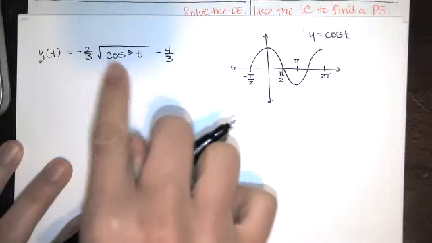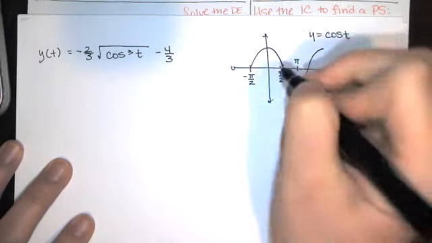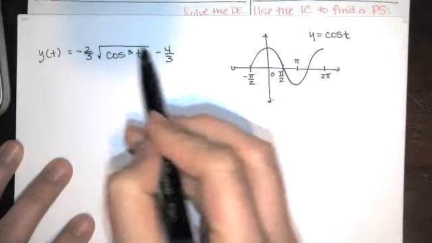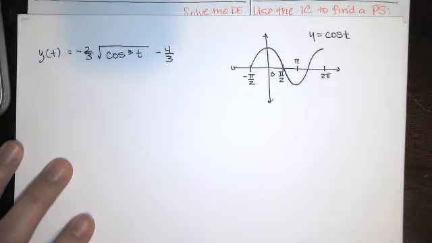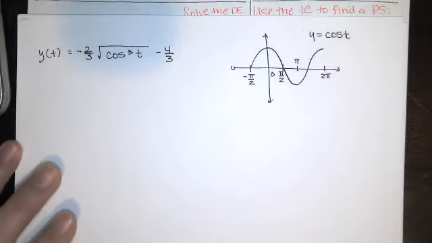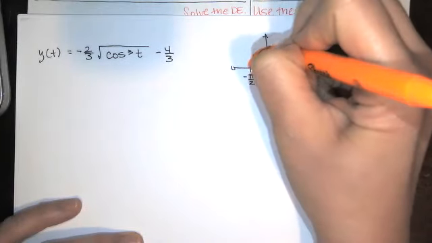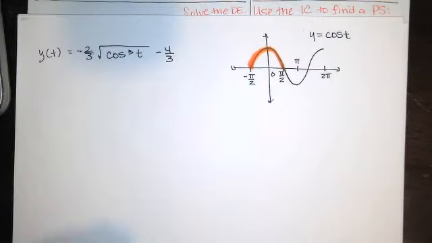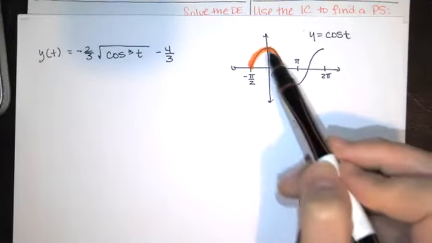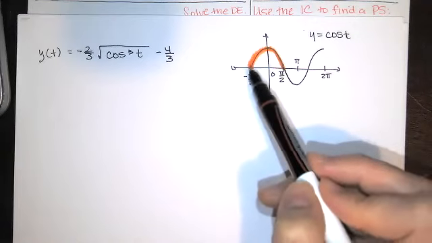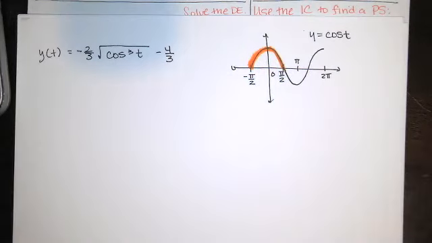We want the largest interval containing t equals 0, where cosine of t is positive, so that this is well defined. And I think that largest interval is this interval here. And I didn't actually trace out an interval, I traced out part of the curve. But this is the part of the curve where cosine of t is positive or possibly 0 at those endpoints.